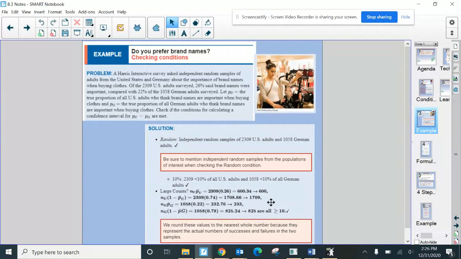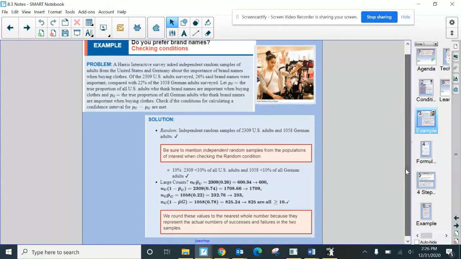And then for German adults, we have n times p is equal to approximately 233. And n times 1 minus p is equal to approximately 825. So since all of them are greater than or equal to 10, we are able to say that the distribution is approximately normal.